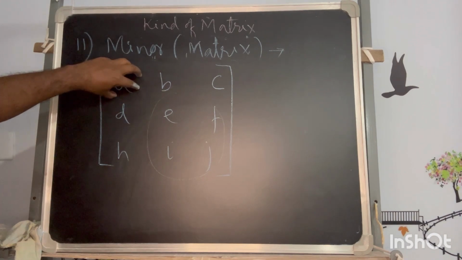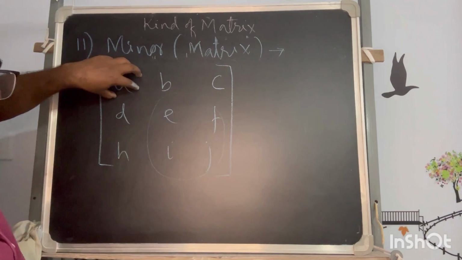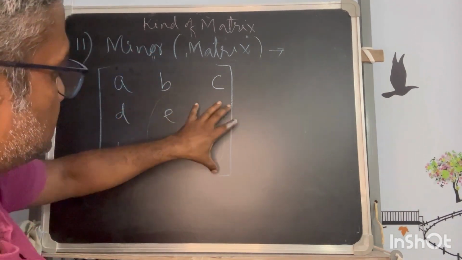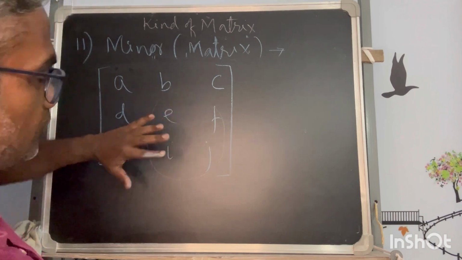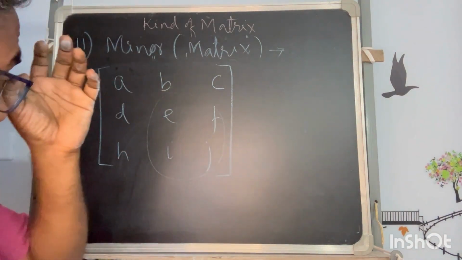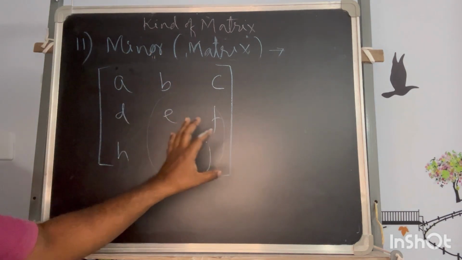You can automatically picture that in your mind, and accordingly get the minor. For this, these are the 4 elements, this will not come. In this way you can get the minors for all the elements.